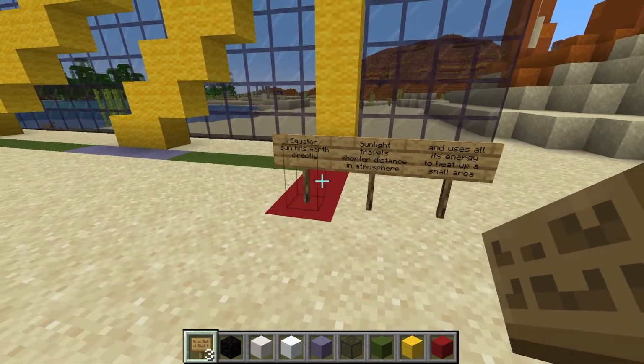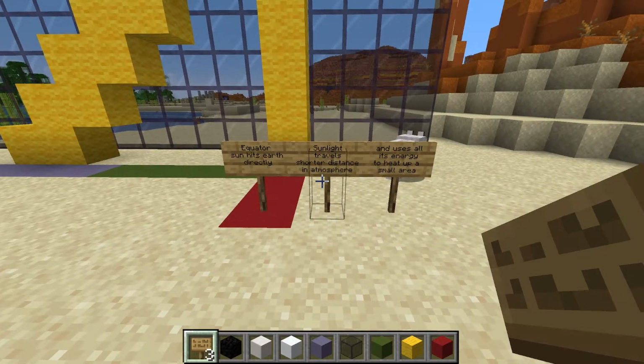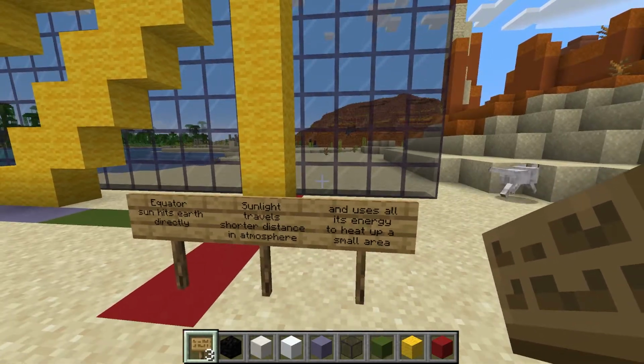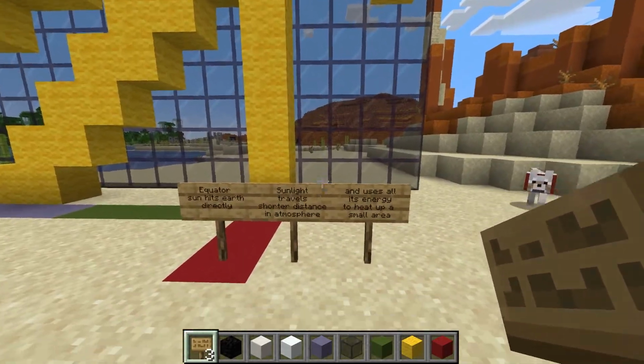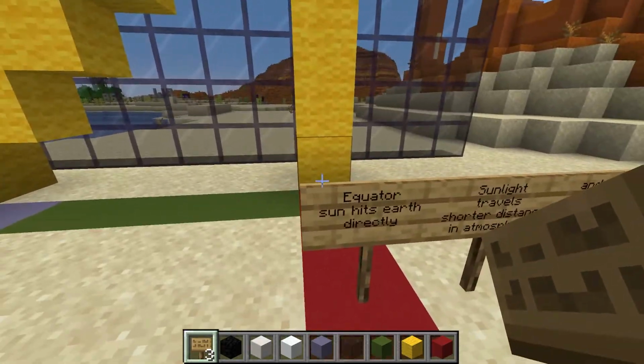So on the equator, the sun hits the Earth directly, and the sunlight travels a shorter distance through the atmosphere. As you can see, it's only 1, 2, 3, 4, 5, 6 blocks in this atmosphere blocky case. And it uses all its energy to heat up only this small area.